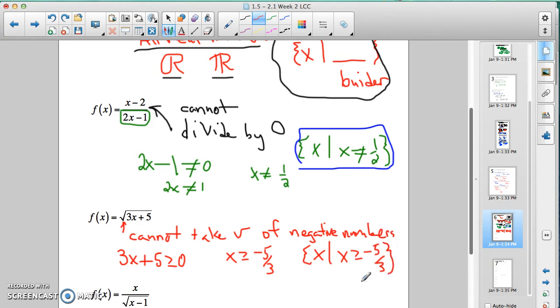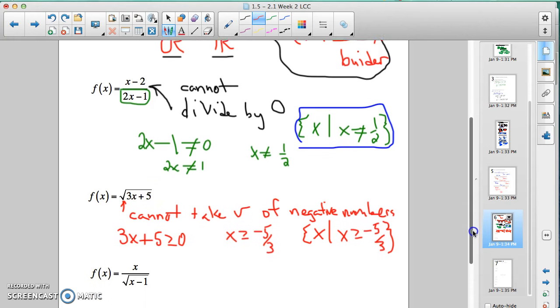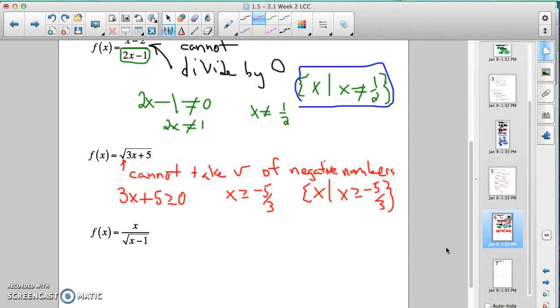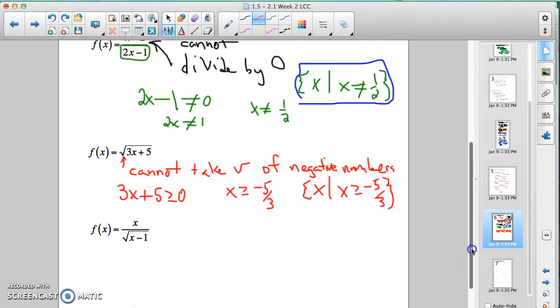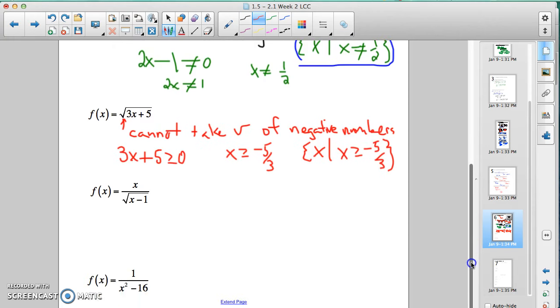That means that if we use any number less than negative 5/3, we wouldn't be able to do the problem because we'd get the square root of a negative and we'd end up with imaginary numbers. So we could do it, but it would be imaginary, and we're looking for real numbers out of our system. So that's what we're going to be looking for in this part. In this part, we're looking for real answers.